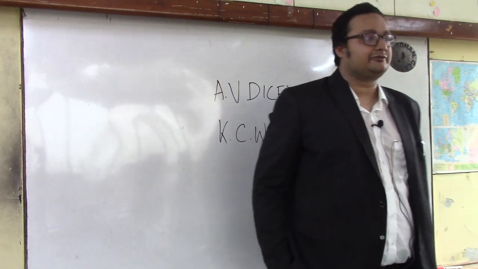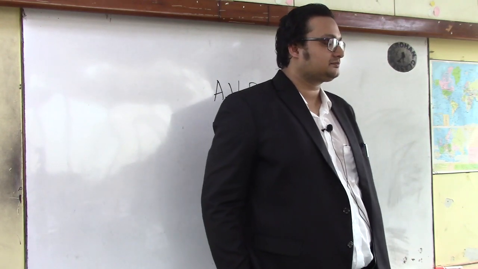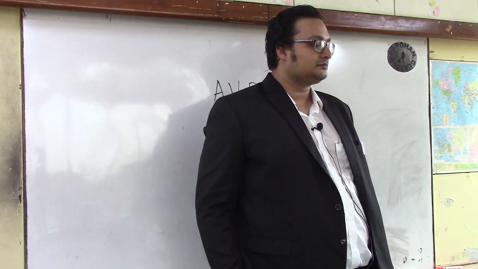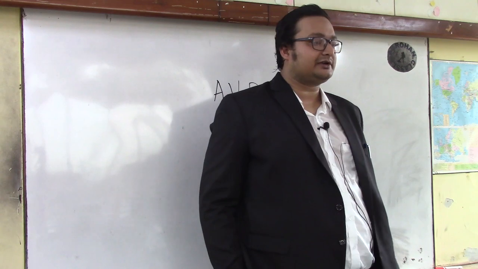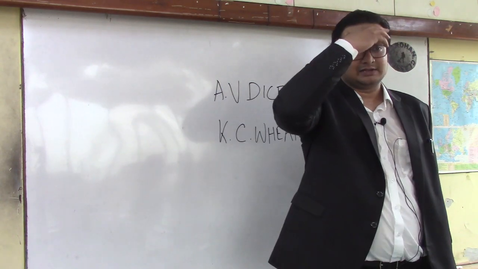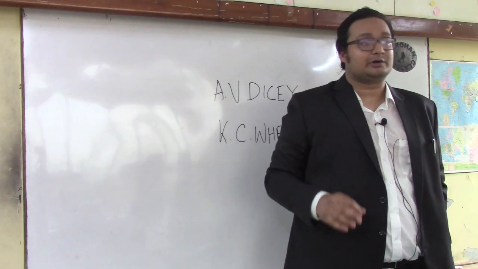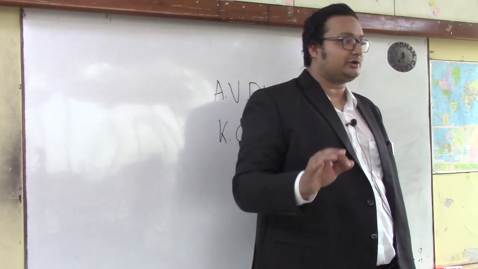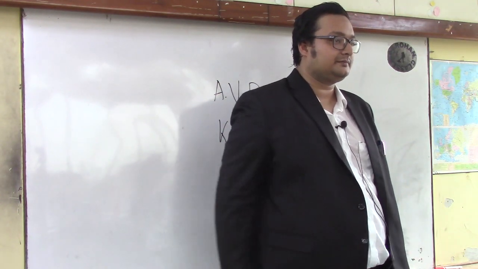And Article 359 as well. 359 deals with suspension of rights conferred by Part 3, except for Article 20 and 21. Article 20 and 21 cannot be suspended at all.